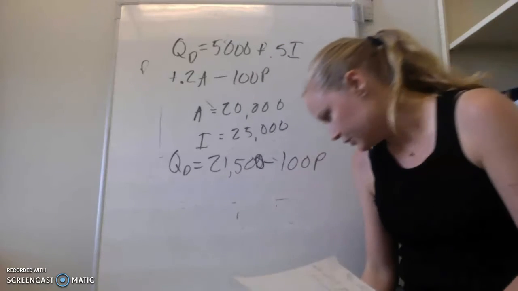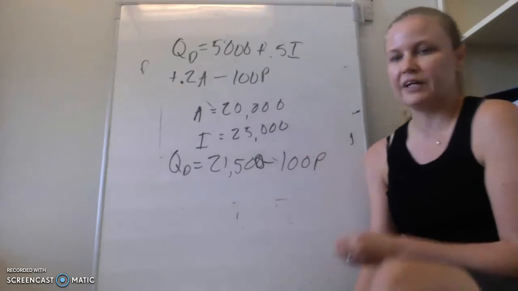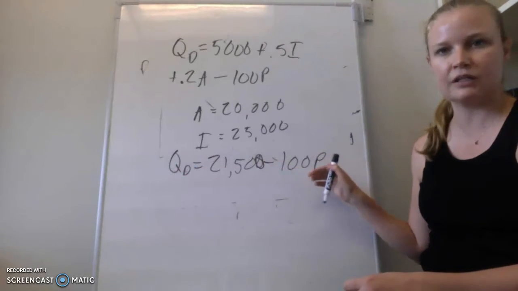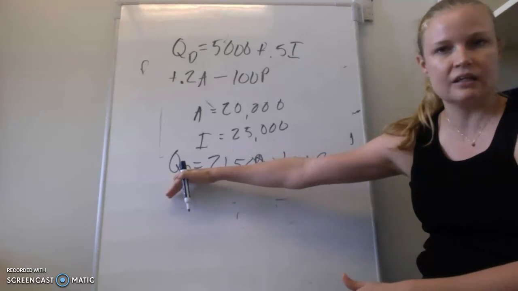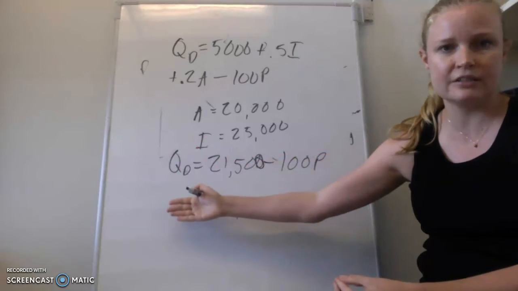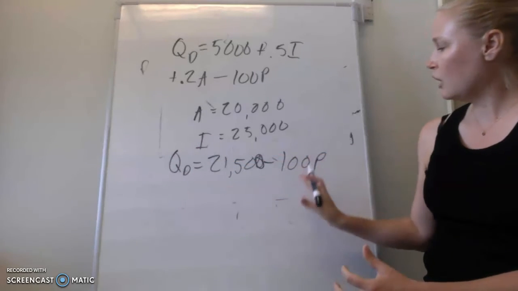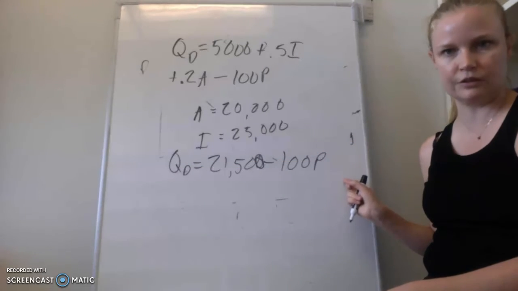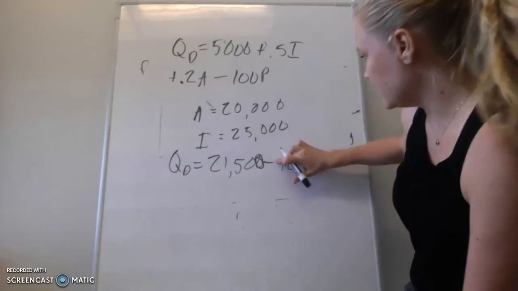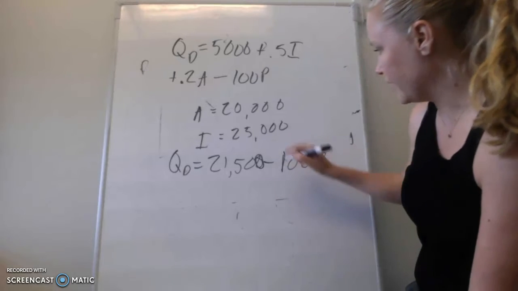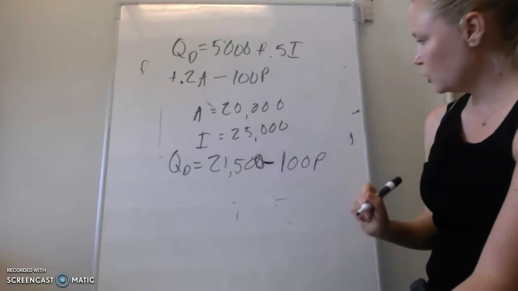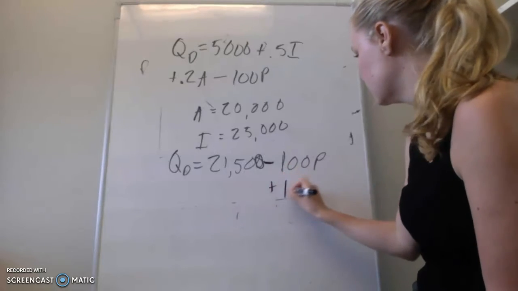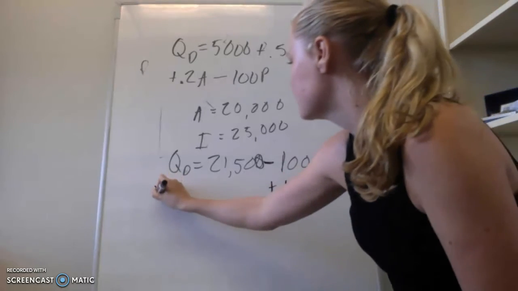I also asked you to find the inverse demand curve. So if I was to graph this, this is the dependent variable, that's the independent, I would be tempted to put this on the y-axis, but we know price goes on the y-axis. So all we need to do to get the inverse demand curve is get this over here and get this over here. Now again, some of you guys said you're a little bit nervous about the math, so I'm going to go through this slow. First I'm going to put this over here, so I'm going to add 100p to both sides.